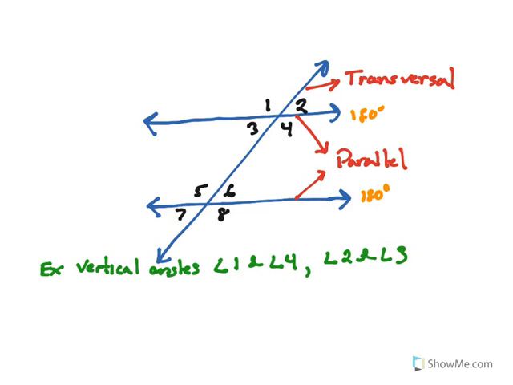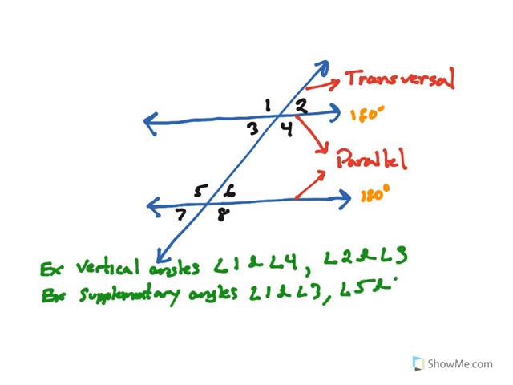Okay, and then an example of supplementary angles would be angle 1 and angle 3. Another one would be angle 5 and angle 7. All right? They have to be adjacent to one another.